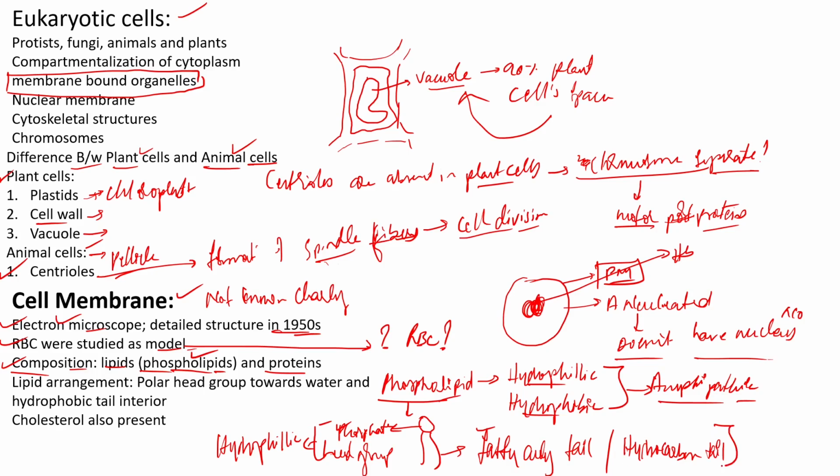Whereas the fatty acyl or hydrocarbon fatty acid chains are mainly hydrophobic. They are mainly what? Hydrophobic in nature. As they are hydrophobic, the term means that they do not like water, they are water-fearing molecules.